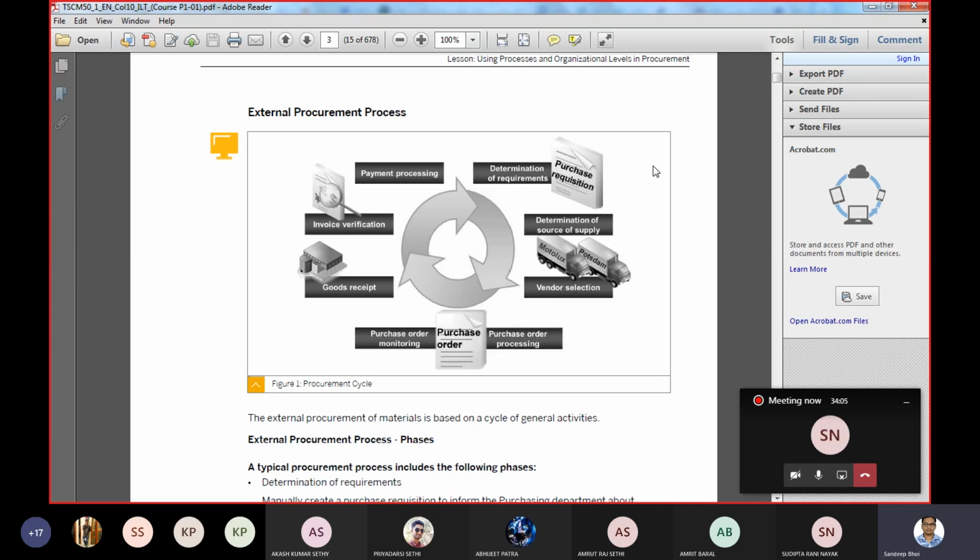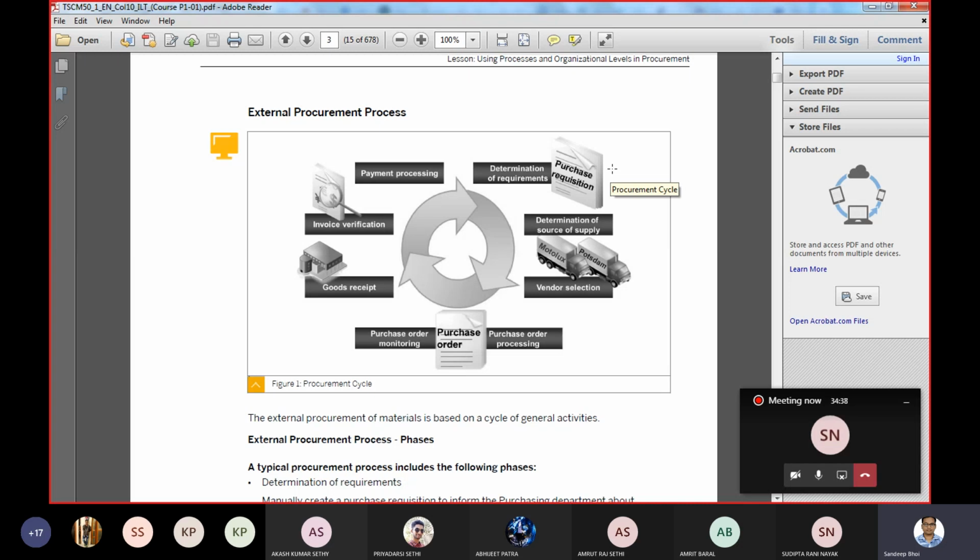What is a purchase requisition? A purchase requisition is nothing but your requirement. Based on your requirement, you will set a purchase requisition. Once the requirement has been determined, only then can you issue a purchase requisition in the determination of requirement stage.